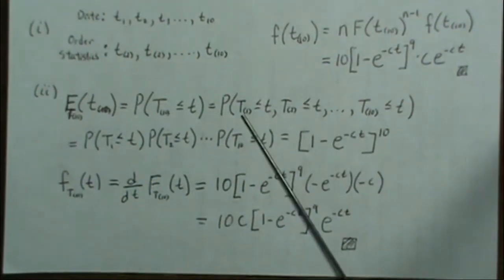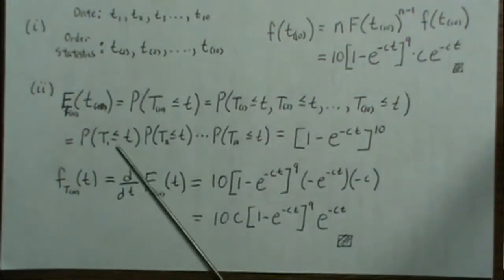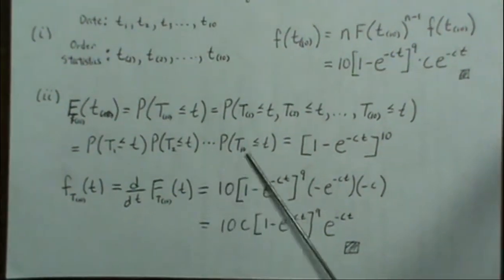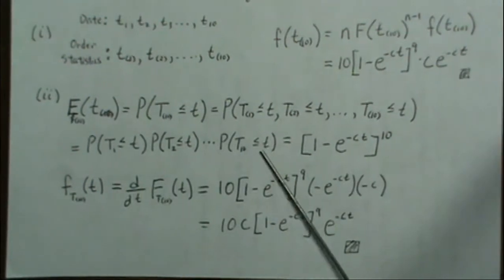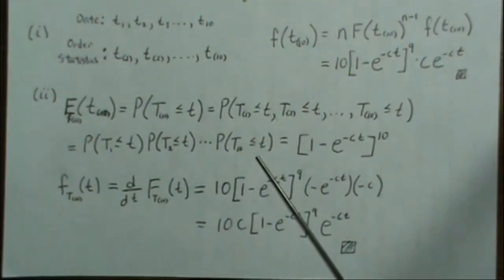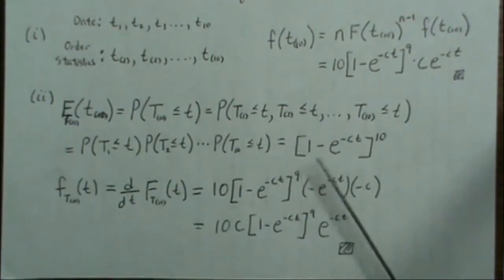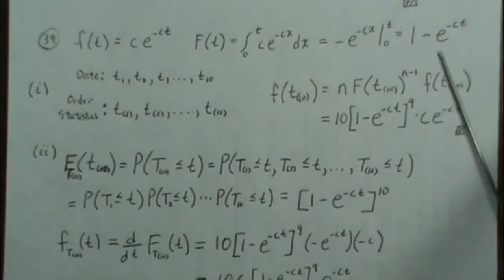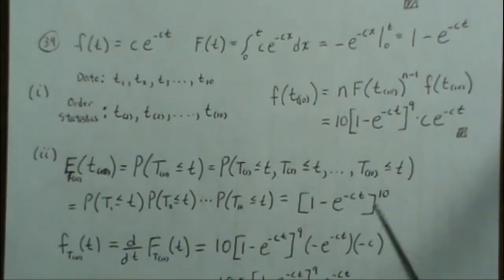And each of those events are independent. So that's the probability that the first trial is less than t, the second, the third, all the way up to the 10th. They all have to be less than t. Well, that is the cumulative distribution function, which is this, raised to the 10th power.